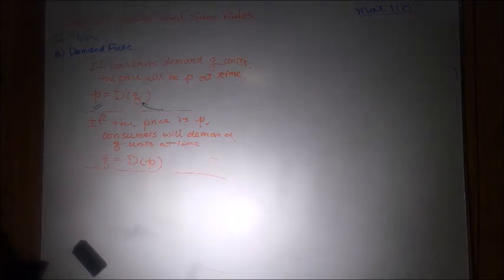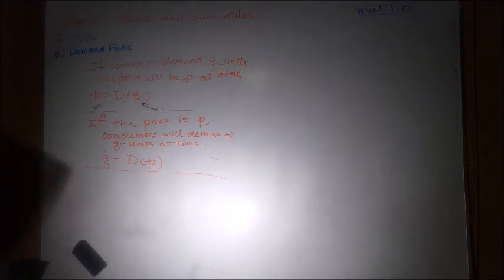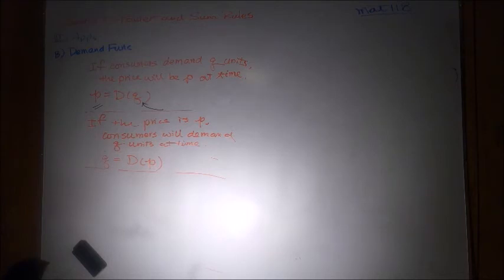If the price is low, the quantity will be high, because if you sell cheap, there will be more demand, then people will buy more. If quantity is low, if I sell only a few items, then my price will be very high. So they are related to each other.